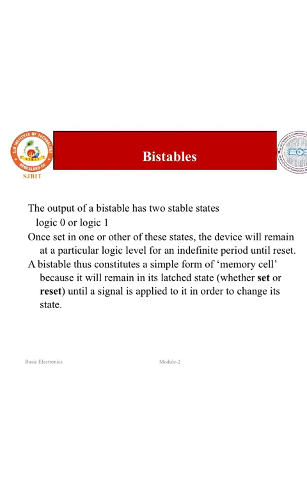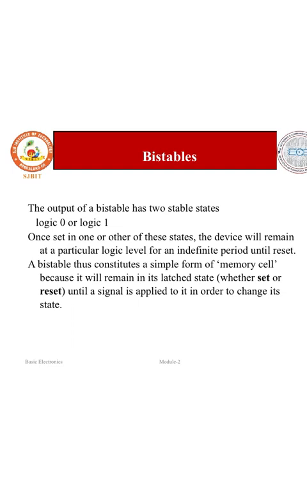The next topic deals with bistable elements. Here, the output of the bistable has two stable states, that is logic 0 and logic 1. Once set in one or other of these states, the device will remain at a particular logic level for an indefinite period until the reset button is pressed.